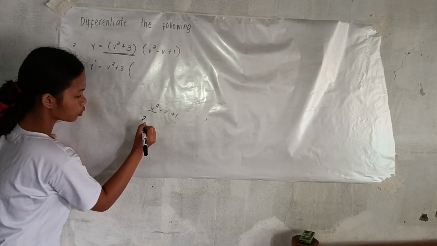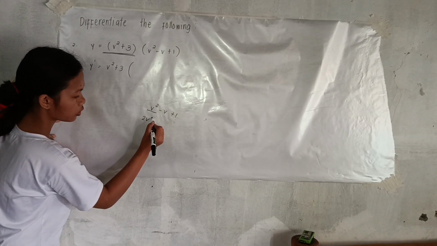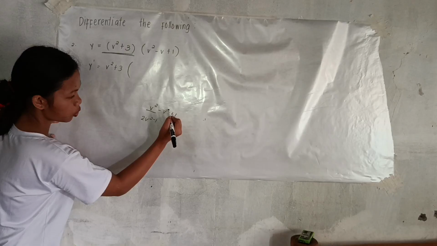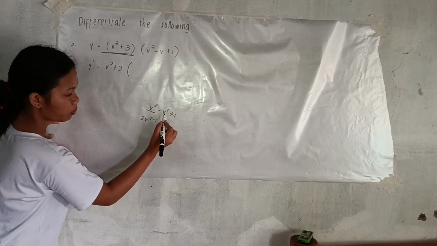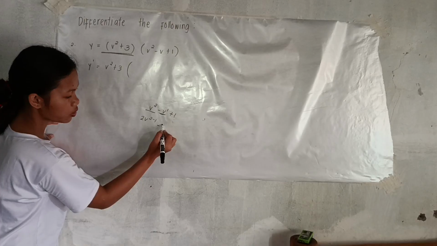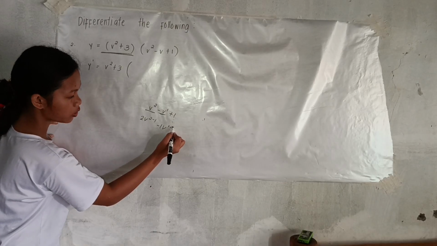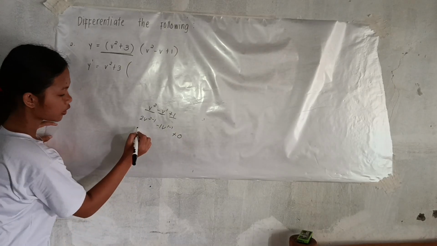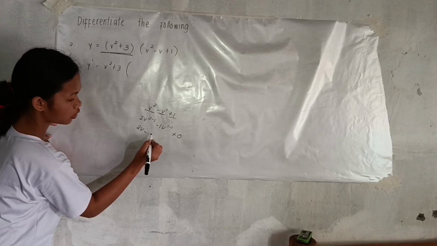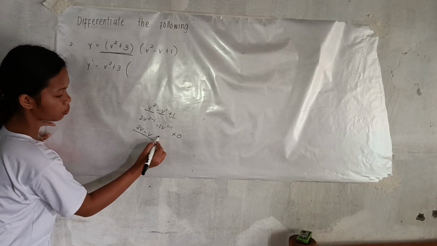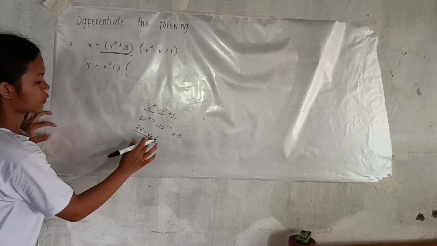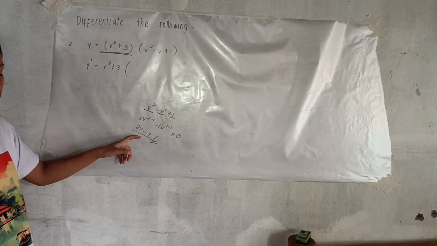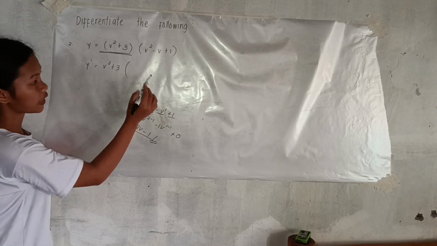So, sa power rule, 2, copy lang diri, then v to the 2 minus 1, times kani siya exponent diri na 1. So, ma-apply gihapon nato ang power rule. So, minus 1, v to the 1 minus 1, plus derivative of constant is 0. So, simplify, 2v minus 1. So, mao na siya ang 2v minus 1. So, mao na siya ang derivative sa second term.